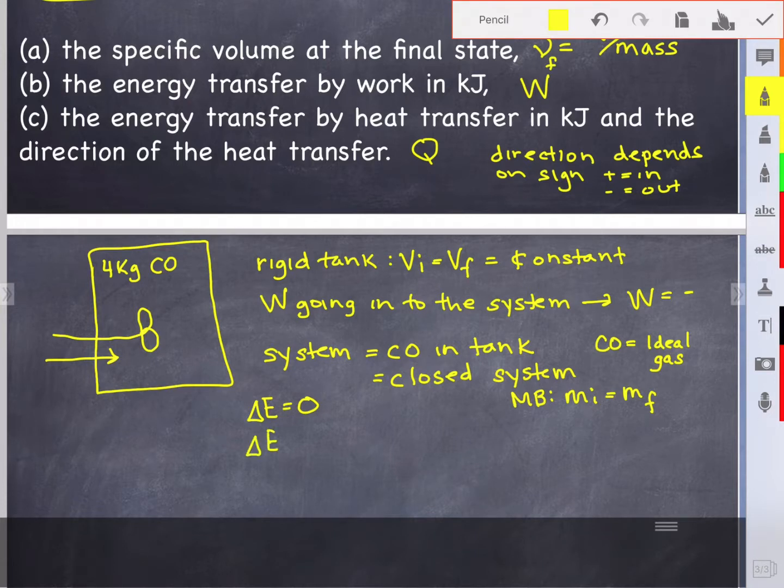We know that the change in total energy is equal to the change due to the transfers, Q and W, heat transfer and work. And we know that the total energy change is equal to the change in the forms of the energy, delta U plus delta KE plus delta PE.